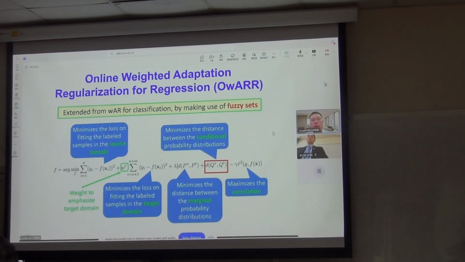In this work, we extended a transfer learning algorithm called online weighted adaptation regularization, which was published in 2016, to regression problems.